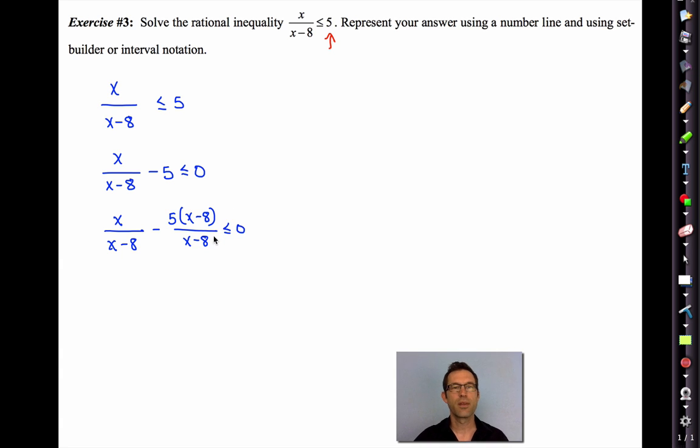All right. And that's going to give me x minus 5x plus 40, all divided by x minus 8, less than or equal to 0. And that's negative 4x plus 40 divided by x minus 8 is less than or equal to 0.